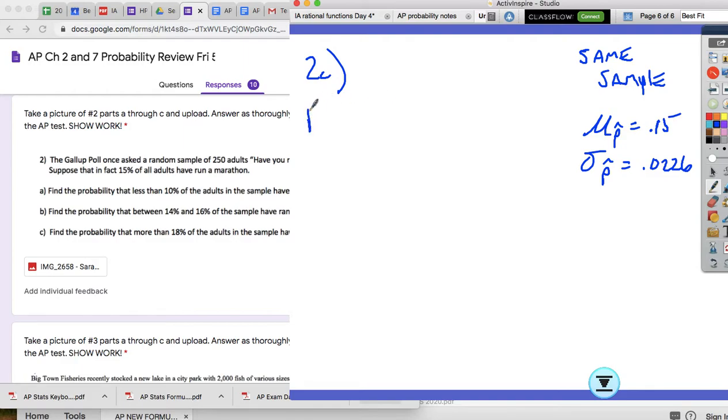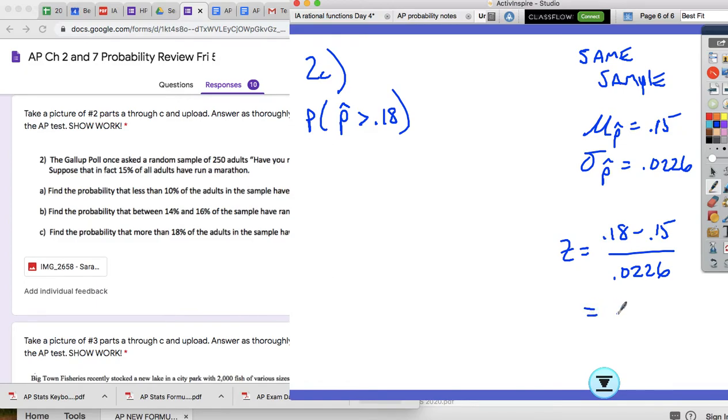And I'm finding the probability that my sample proportion is more than 18%, greater than 0.18. So let's get our z-score, 0.18 minus the mean of 0.15 divided by the standard deviation of 0.0226. We're going to get a z-score of 1.33.